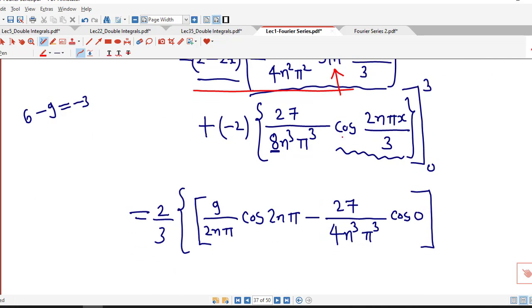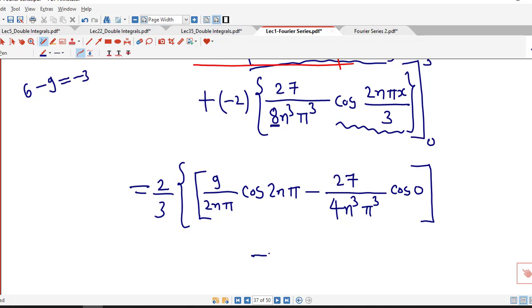So non-zero contribution is only from last term, and we have to consider minus from lower limit. And here if we take x equal to 0, cos 0 is 1, and here we have negative of 27 divided by 2 will cancel out, 4n cube pi cube.